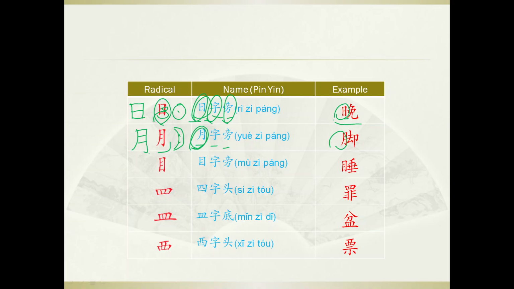Leave a gap here or not. Either is okay. And the bottom should align. Words with this radical are usually related to body. One word example is 脚, foot.